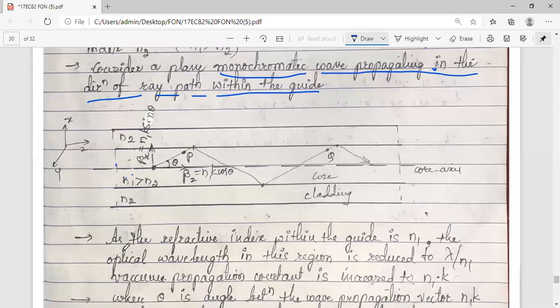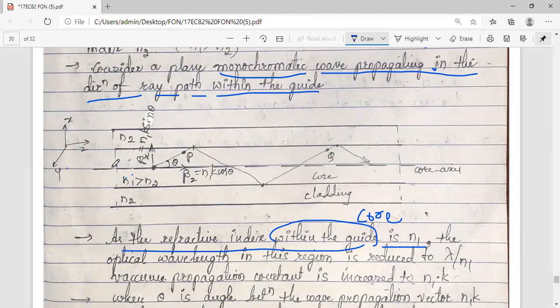As the refractive index within the guide is N1, within the guide in the sense I am talking about the core material, the center. Because of this structure, the refractive index is non-uniform: N1 is more, N2 is less.